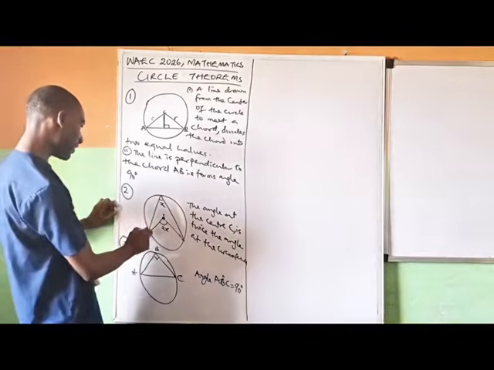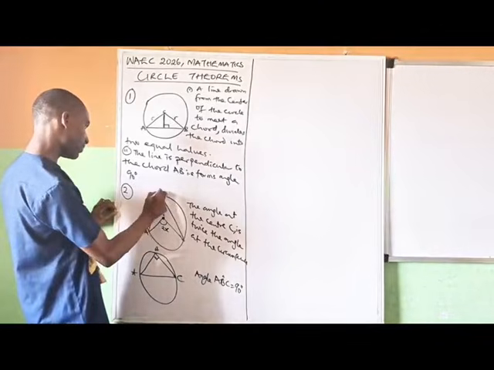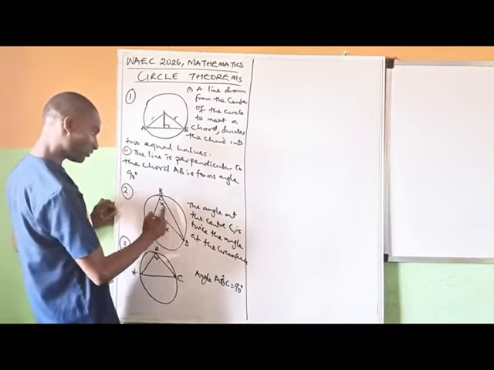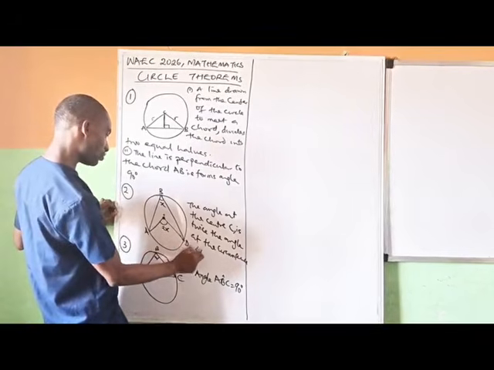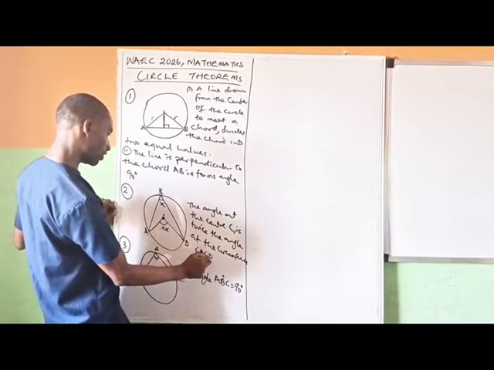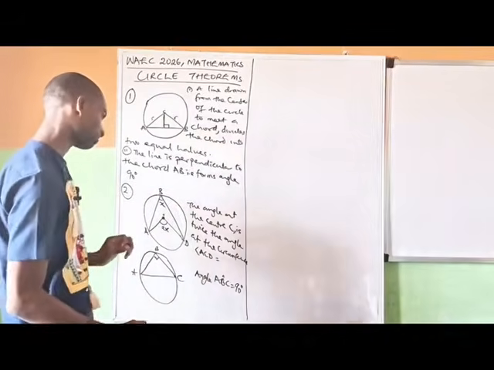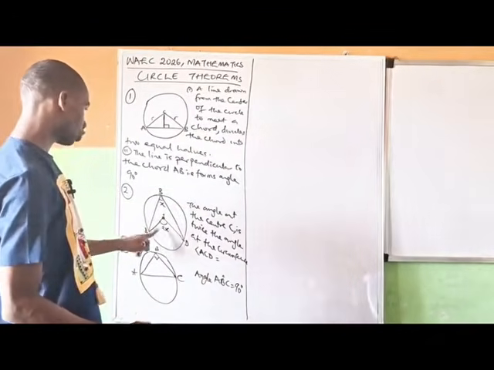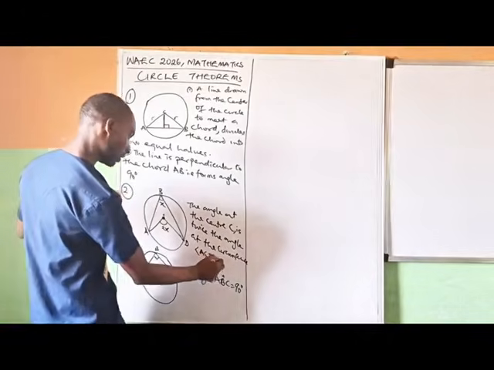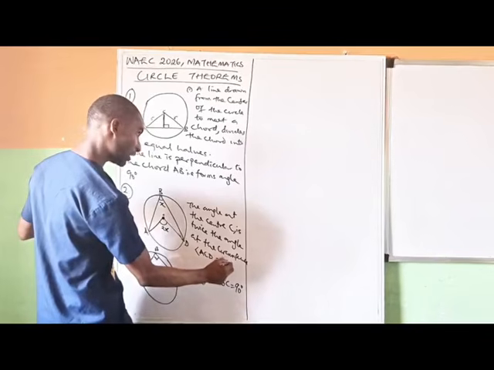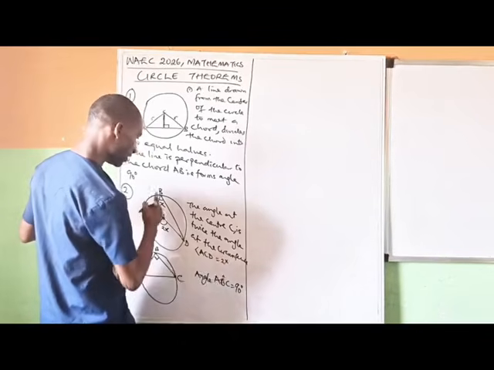So here, if I label A, B, C, D, and I've said here is twice of here, that means my angle ACD is twice angle ABD.